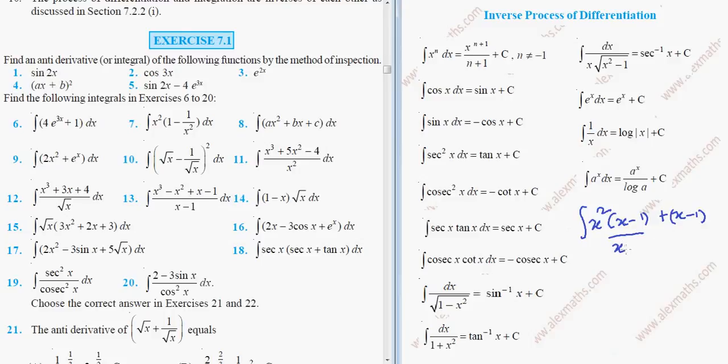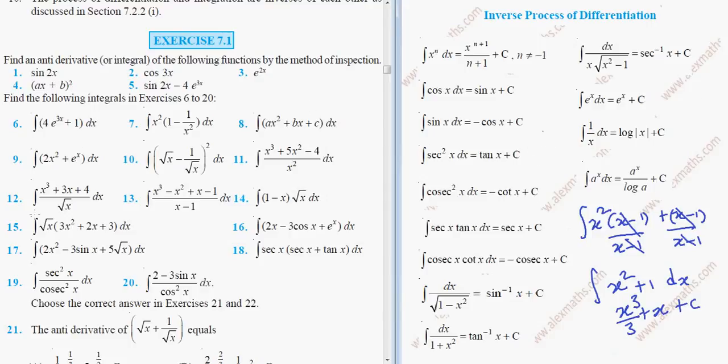So I will individually divide the first term by x minus 1, this also by x minus 1. So what will happen? We can cancel this and this. So I am left with only x square plus 1 dx. Now I can apply the formula. This will become x cube by 3 plus integration of 1 is x plus c. That's all. So for certain things we have to do some rearrangement, then we have to integrate.